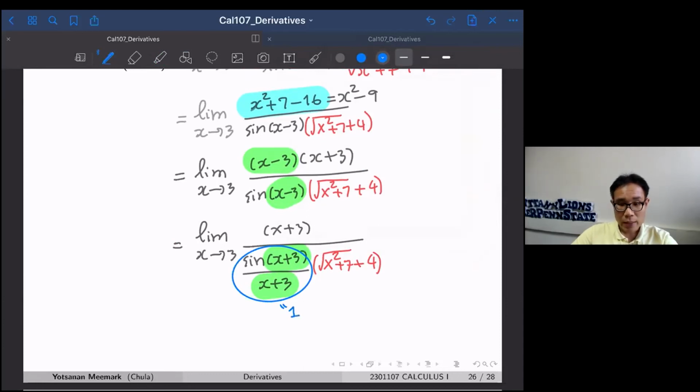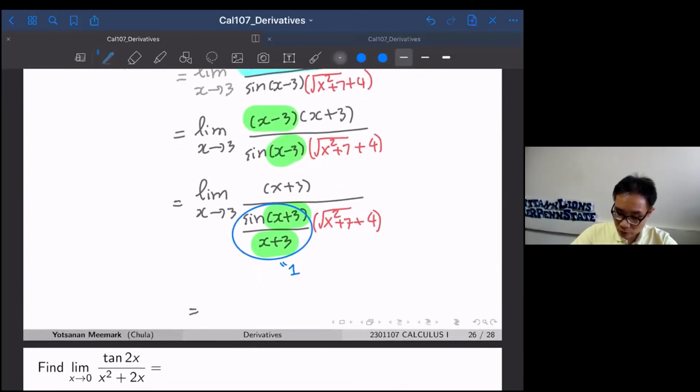And you'll be able to obtain the final answer. It's going to be 3 plus 3, and you have the limit 1 here, multiplied with the square root of 3 squared plus 7 plus 4, so 6 on top.